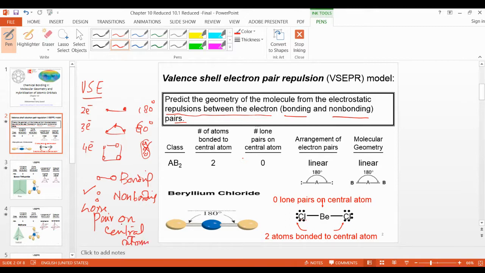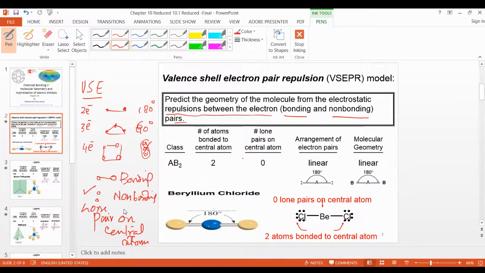You know, as I told you, the central atom in the Lewis structure has the lowest electronegativity. You remember that? Yes. So after making the Lewis structure, if any lone pair of electrons is present on the central atom, the geometry will change. If there is no lone pair on the central atom, then the molecular geometry will be different.